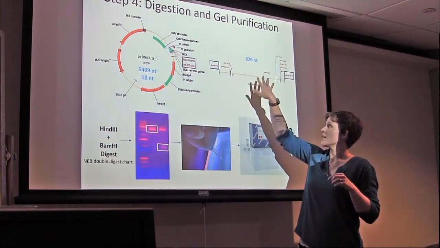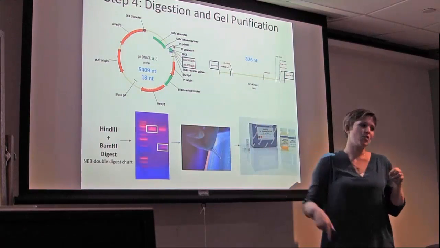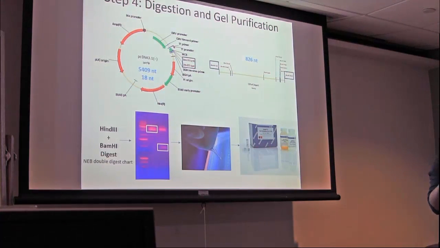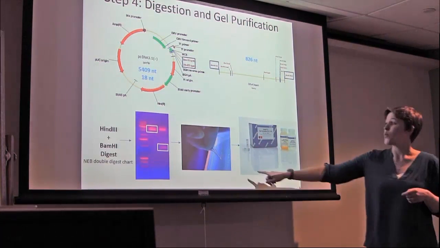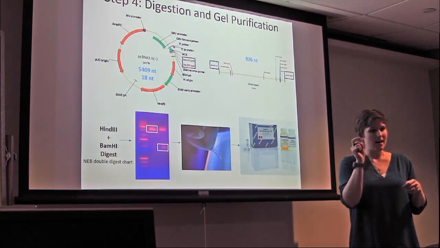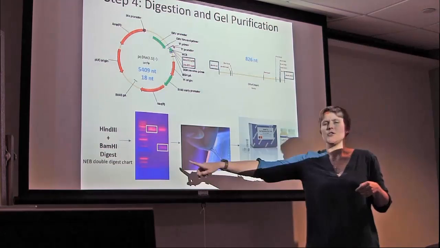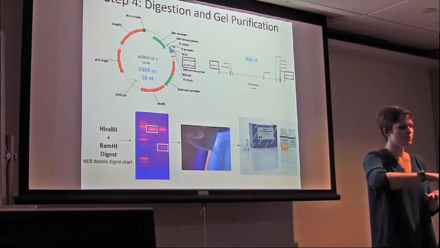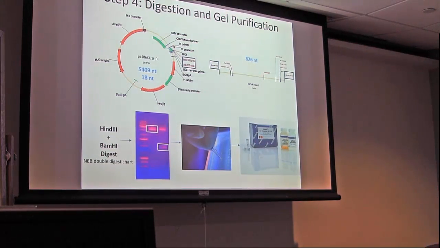And similarly here, but mainly this is so you can get a nice pure portion of your PCR product. So you just cut it out with a scalpel, this little area that's the right size. You use a UV platform. So you put your gel on the UV platform and you can see where exactly your bands are located.